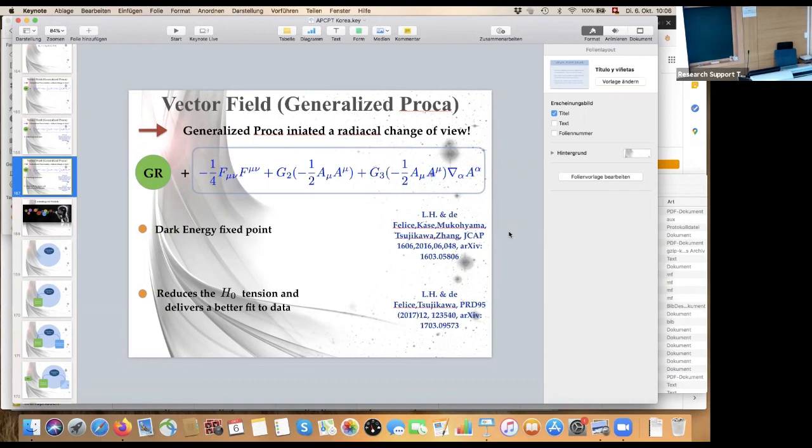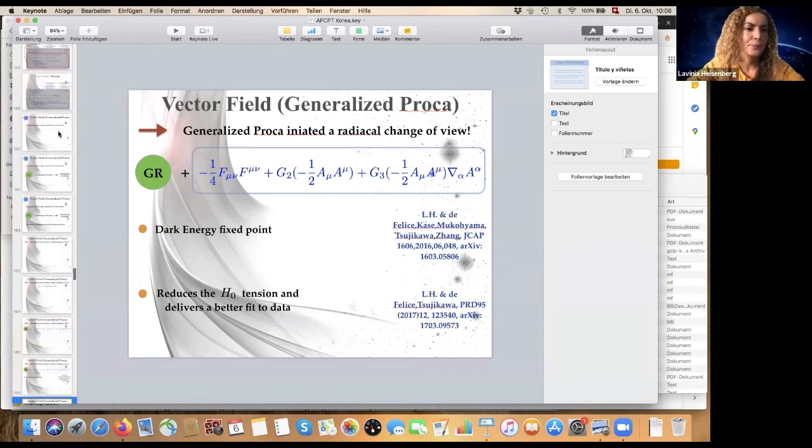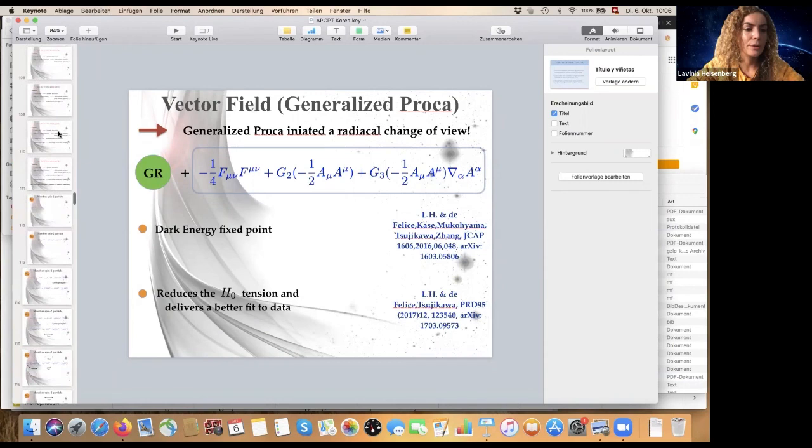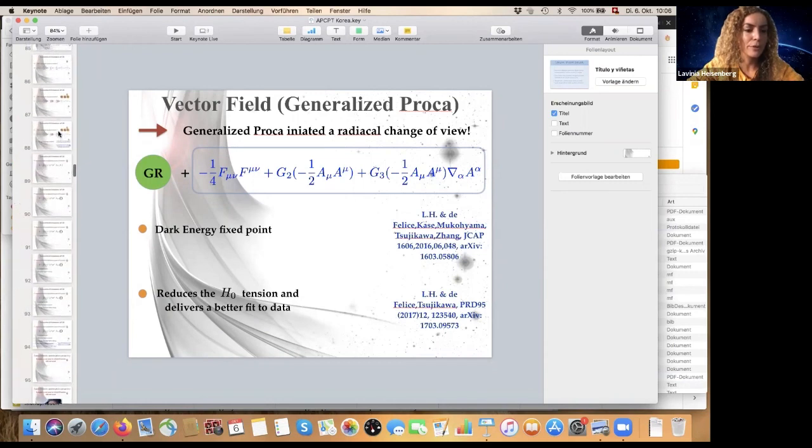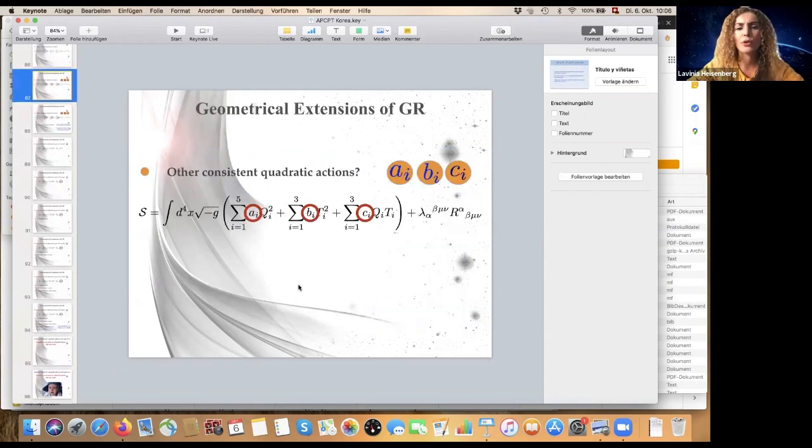I had one of the stupid questions. Can you build ghost-free massive gravity from your non-metric interpretation of GR? Yes, very good question. In the geometrical formulations of different theories, especially those here, if you have some quadratic Lagrangians and you don't choose the coefficients such that you obtain GR, you can choose coefficients such that you have two spin-2 fields, like in massive gravity or bigravity, and then an additional 2-form, and you might also have additional scalar fields.